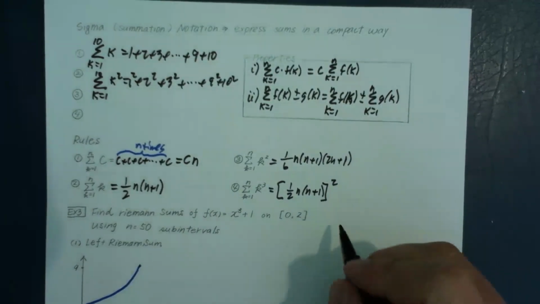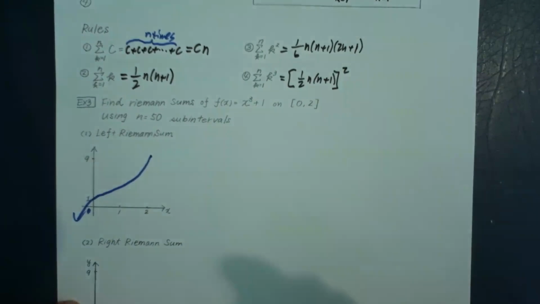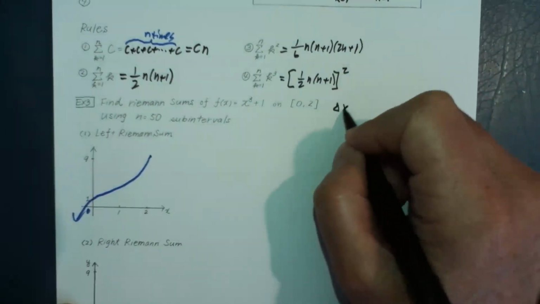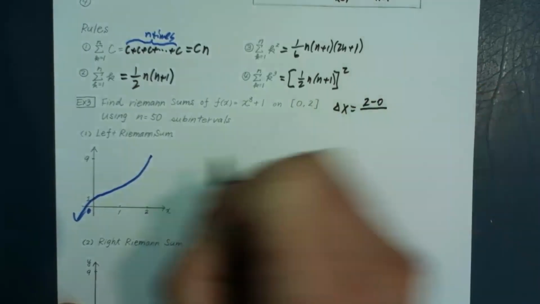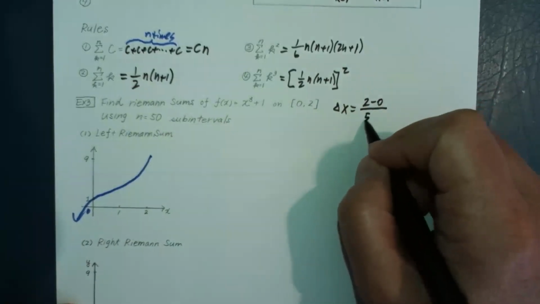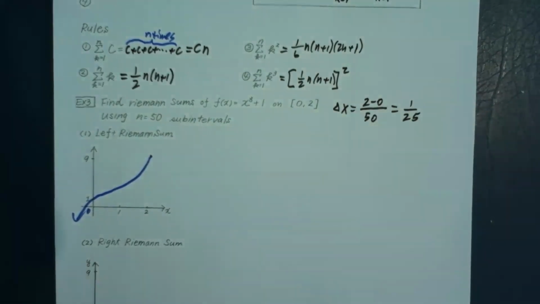And let's start out with our delta x here. Remember, it is b minus a divided by n, where n in this case is 50. 2 over 50 reduces to 1 over 25. Now that's going to be the base of each of these.